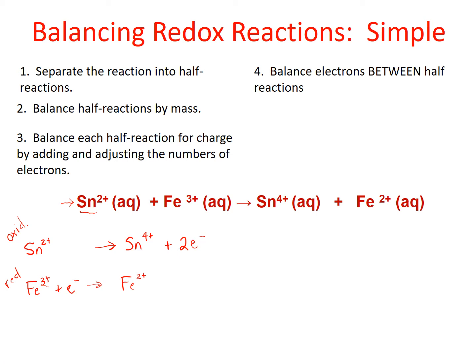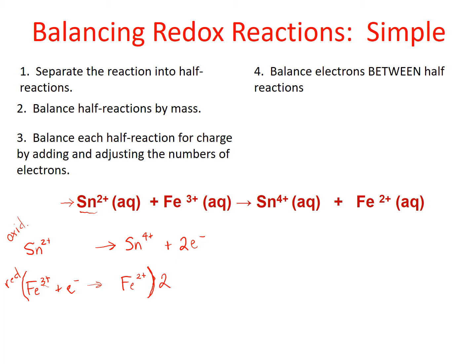I can do that, but I have to make sure that I don't mess up the mass and charge balance that I've already got there. So the only thing you can do to increase the number of electrons, once you've done that mass and charge balance, is to multiply everything in that particular half reaction by 2.